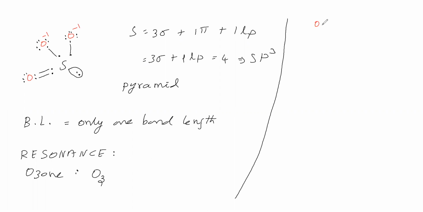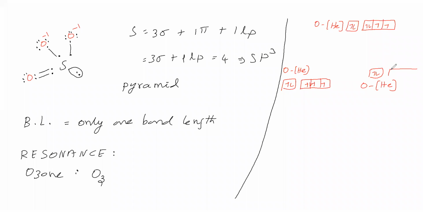For one oxygen atom, the configuration is helium 2s2 2p4. Another oxygen atom, the configuration is helium 2s2 2p4, and we take another oxygen atom, whose configuration is also helium 2s2 2p4. 3 oxygen atoms we have written.